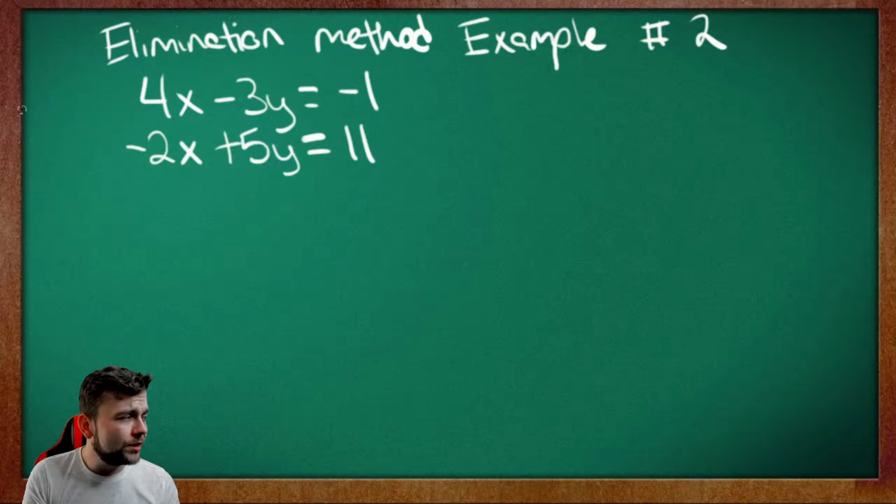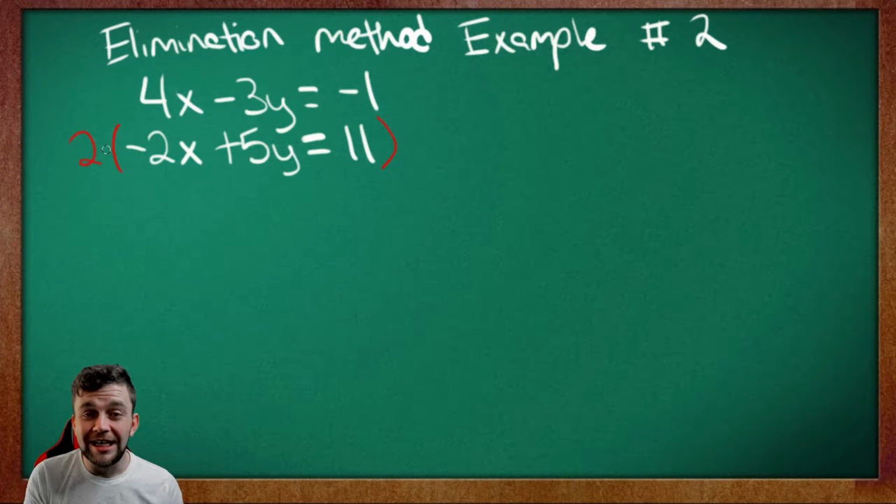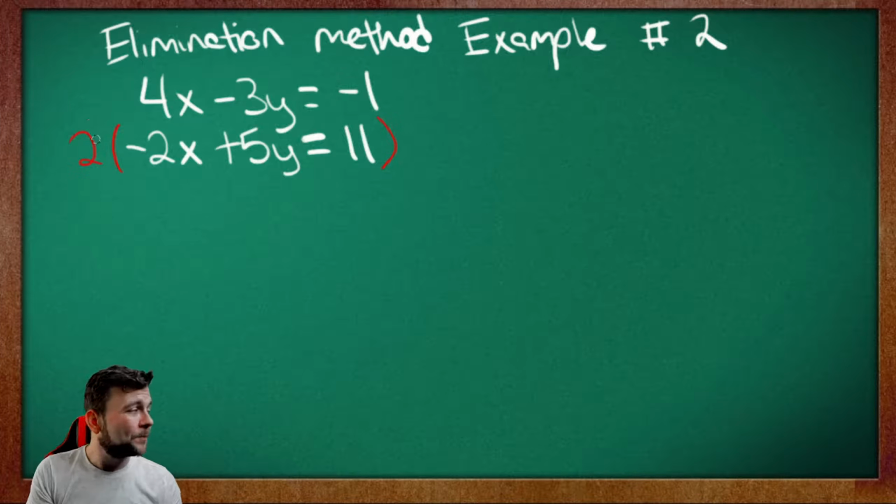Well, check this out. We can multiply this second equation by 2, right? Because then we'll get a -4x. What happens when you have the 4x plus a -4x? It disappears. So that's why I'm going to do that.